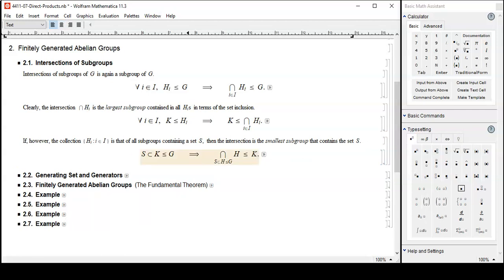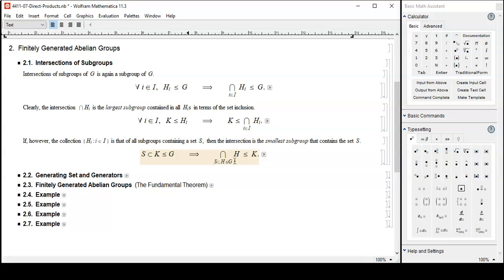Let's rewrite it in symbolic fashion like this. If there is any other subgroup of G that contains S, then that must be larger, making the intersection the smallest. By the way, previously I used index expression, i ranging over 1, 2, 3, 4, and so on, possibly toward infinity or more.